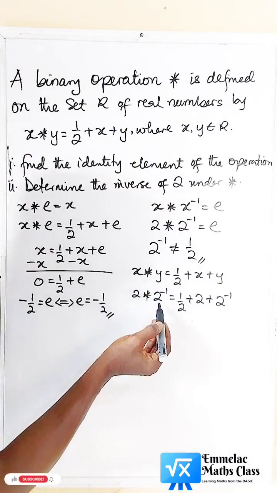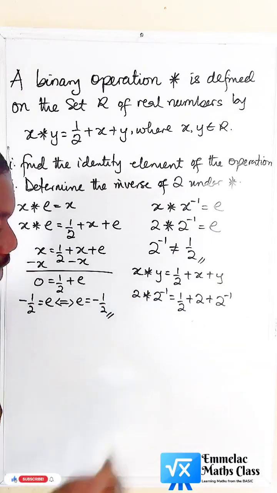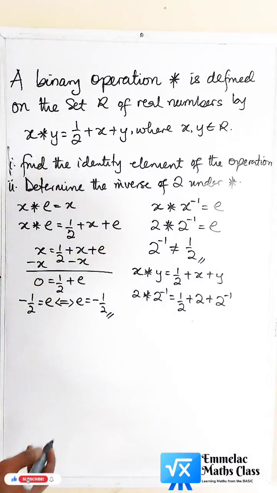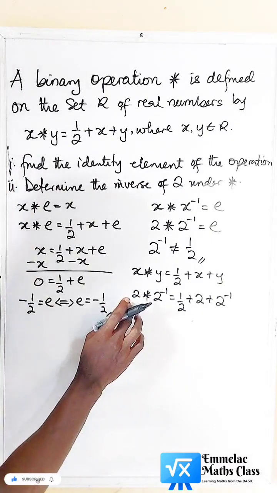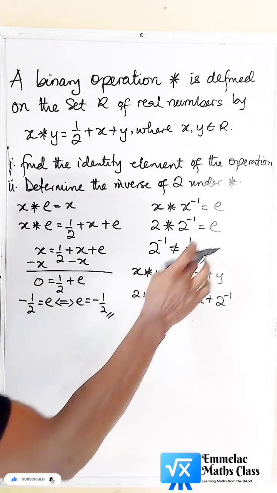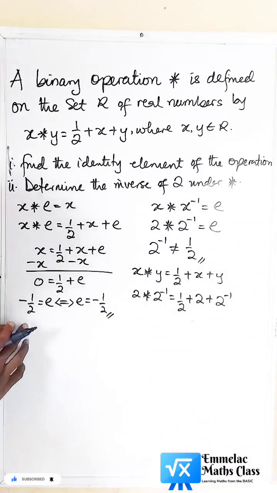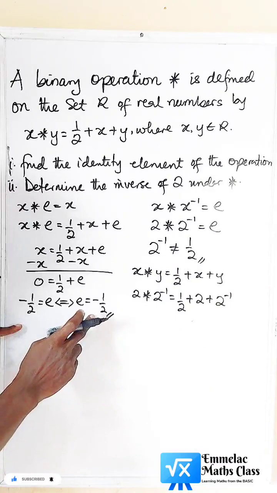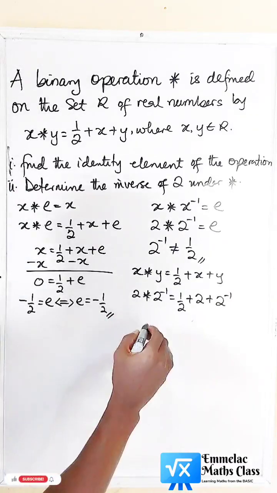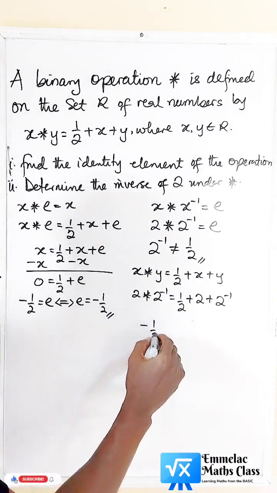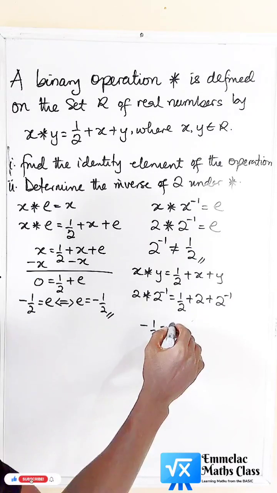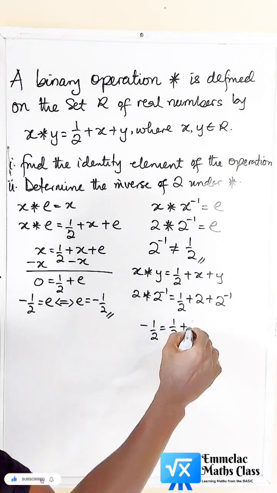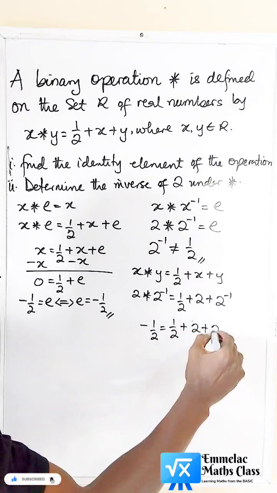Then y is now the inverse of 2, that is why I replace y with that. Let us take note that 2 operation the inverse of 2 is the identity element, and from here our identity element is negative 1 all over 2. So you have negative 1 all over 2 equals 1 all over 2 plus 2 plus 2 inverse.